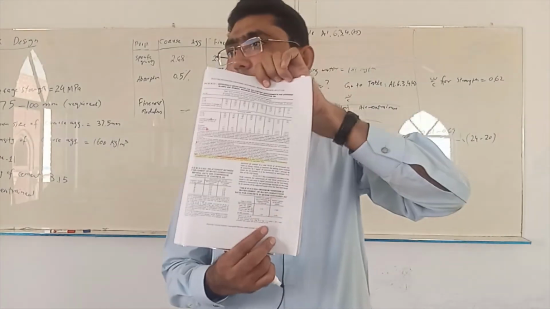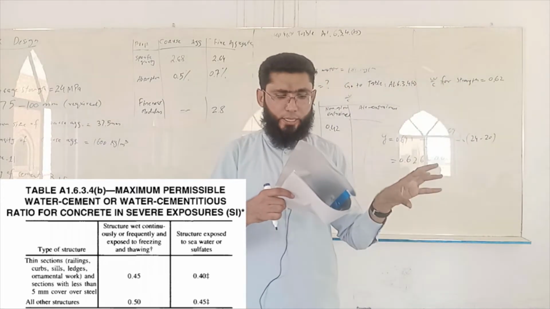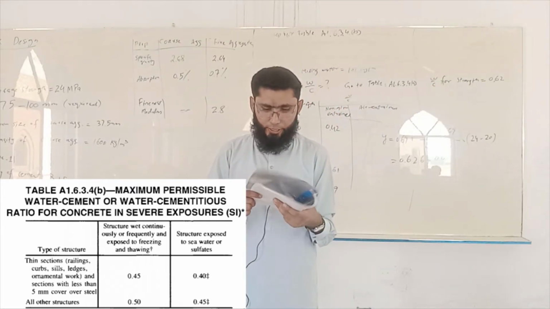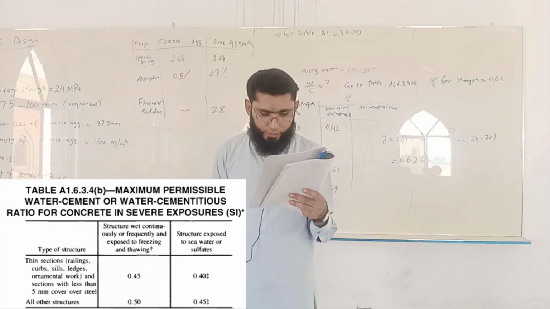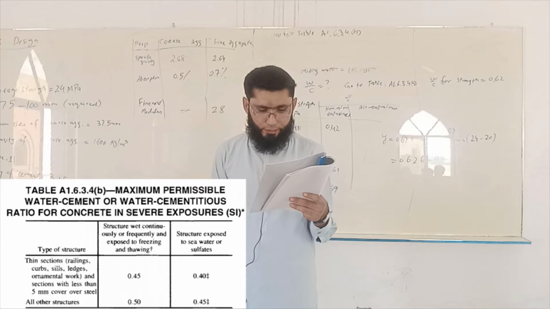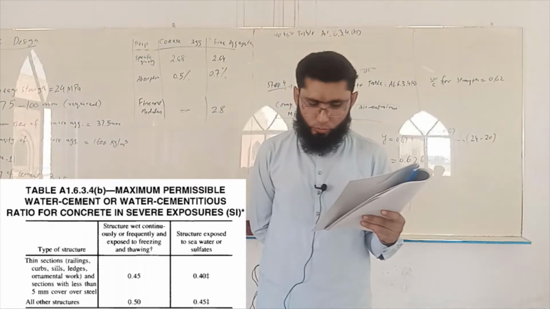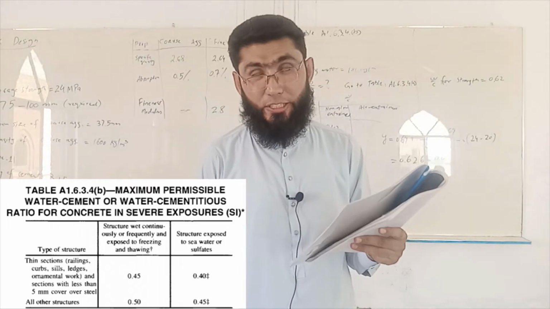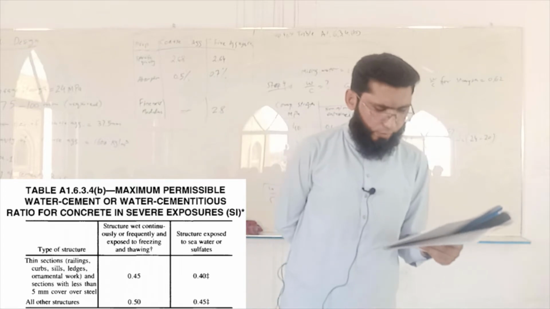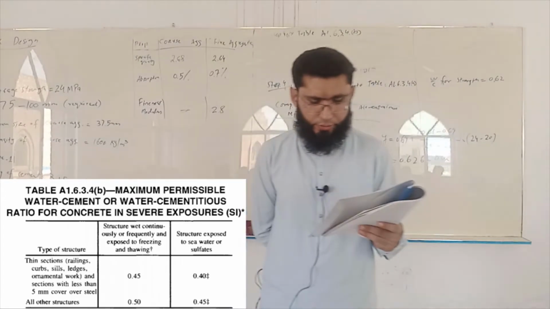Now, this table has on one side the type of structure to choose, and then it also lays out some more conditions. For example, structure wet continuously or frequently and exposed to freezing and thawing, which means you're expecting a more attacking, less friendly environment. Structure exposed to seawater or sulfates.